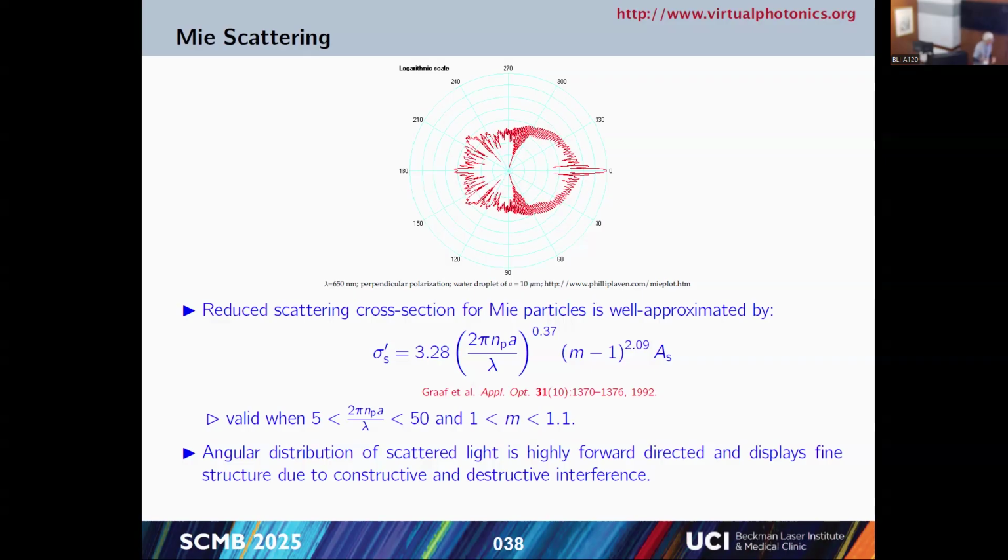Intuitively, why this angular structure arises comes back to what I said earlier about the spatial scale of your object and the spatial scale of the light itself.